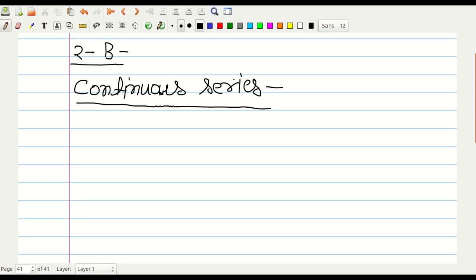Actually in continuous series you will create a table but also with class interval.